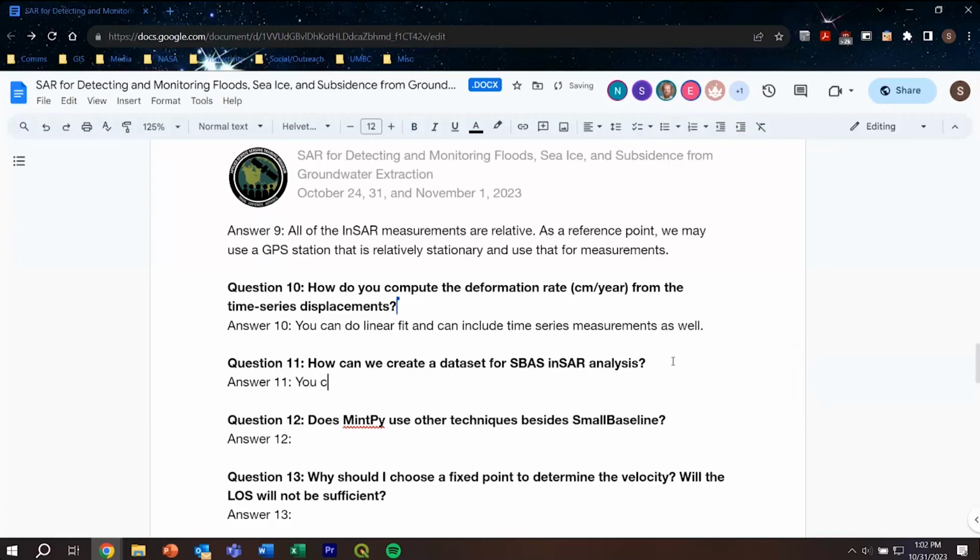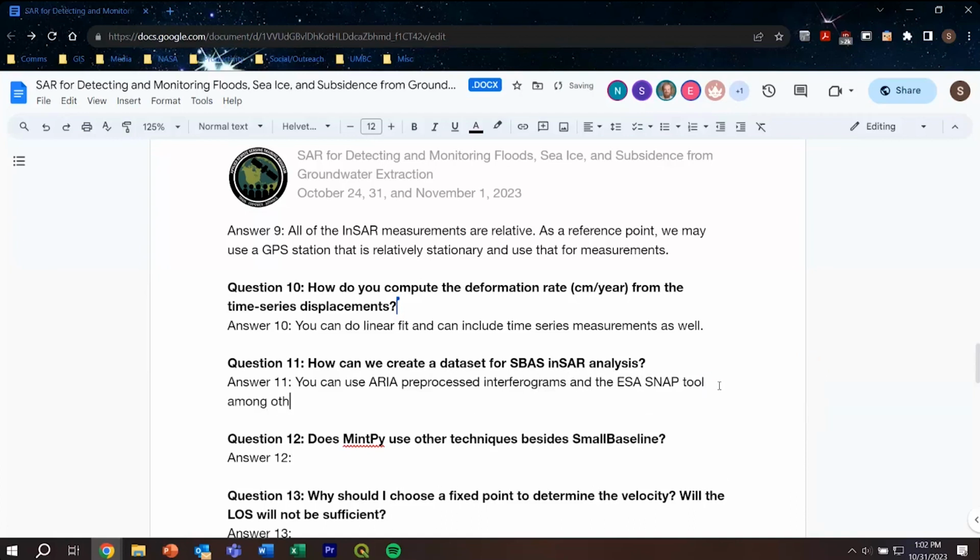You could also process data using the ISCE package, that's an open source package, or the ESA SNAP tool. And the ASF also has an on-demand InSAR processing function that you can request them to process data using, the ASF Hyp3 Gamma is what it's called, processing tool that then also can be loaded into MintPy.